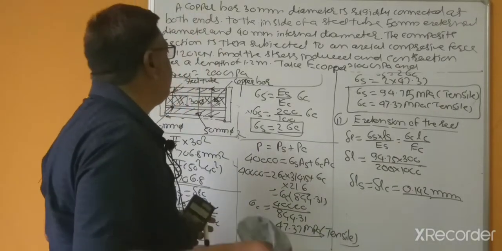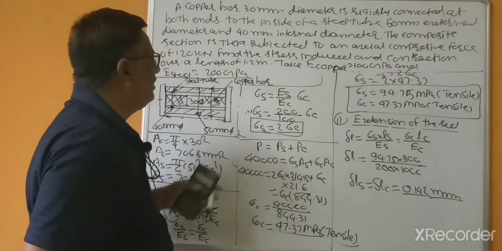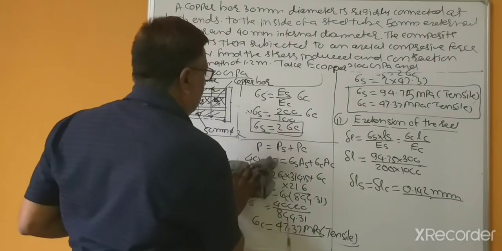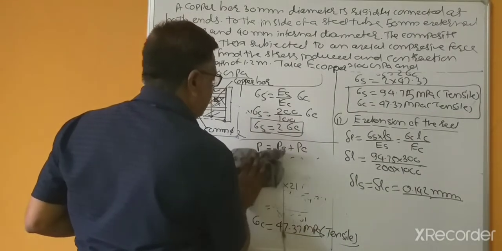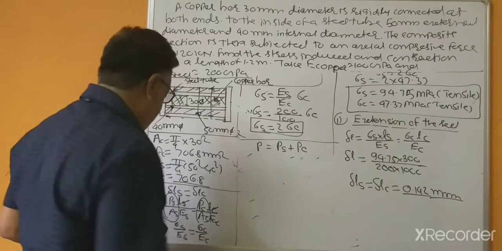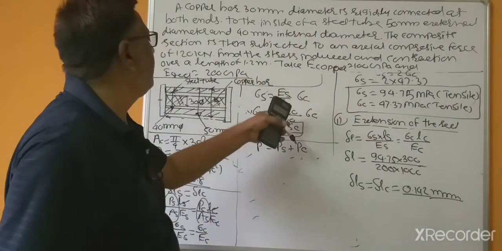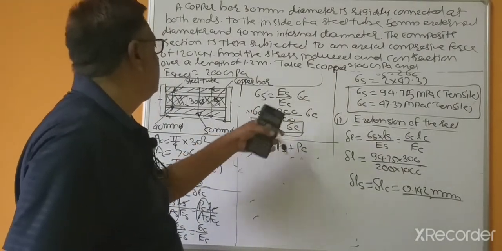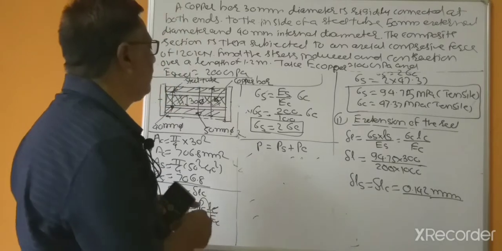So again you will get the same relation, sigma S equal to 2 sigma C, because ES equal to 200 gigapascals and EC equal to 100 gigapascals.